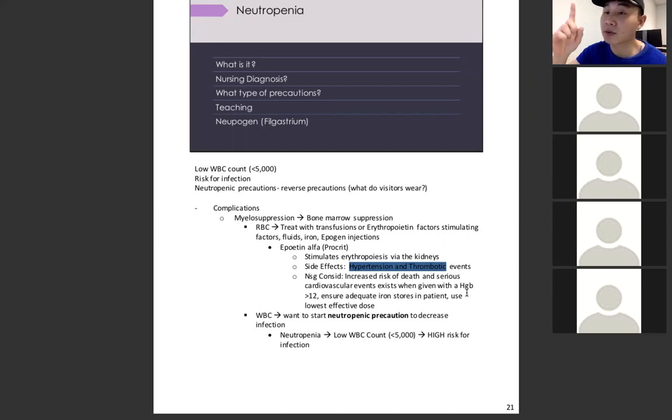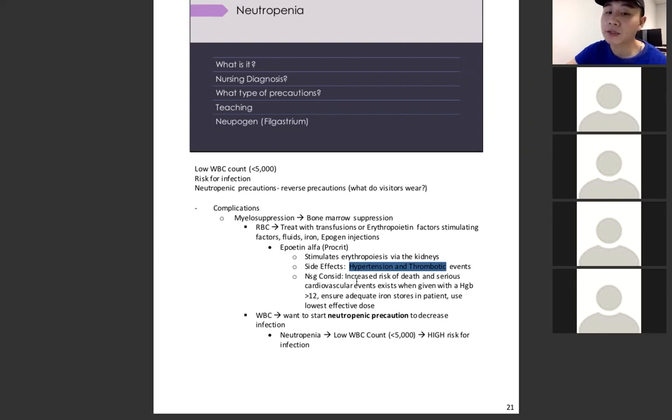Therefore, it increases the resistance and leads to hypertension. Also, because of the increase in production of red blood cells, the blood gets thicker, so it may lead to more issues with clotting and clumping, therefore may result in thrombotic events.